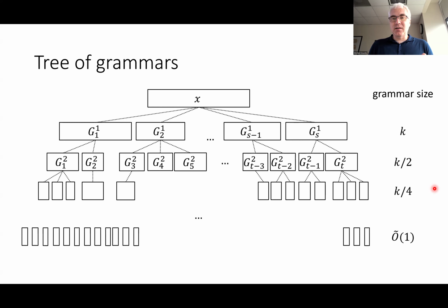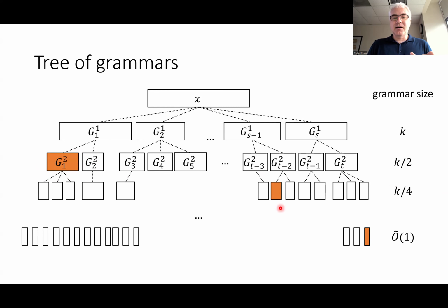Now, what do you want to recover in this case? Well, it's natural to shoot for recovering the appropriate grammar. So what would be the appropriate grammar? Well, it would be the grammar which is of size comparable to the number of edit operations among the particular blocks. So, for example, over here, G12, that would be a block in which there are roughly k half edit operations.